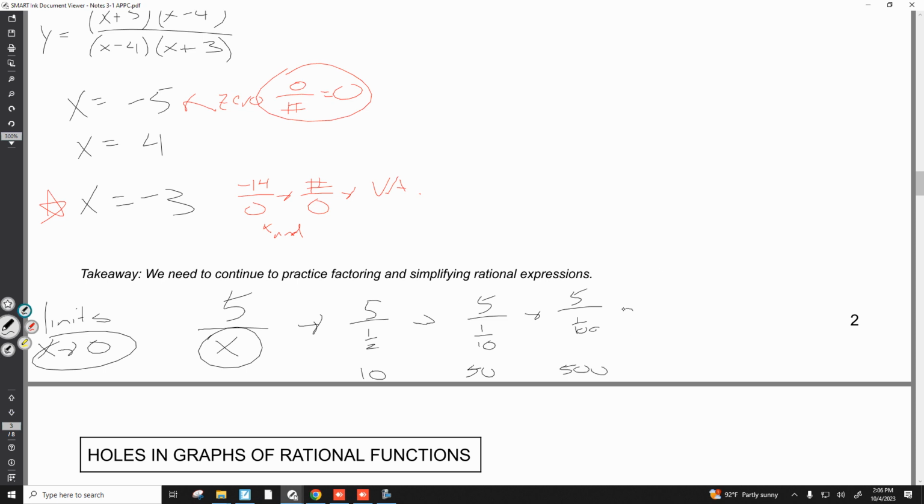What's 5 divided by, let's get this x value closer to 0 by making it a 1,000th? What is happening to 5 over x as x approaches 0? What are these values approaching? Tell your neighbor. We are approaching infinity.